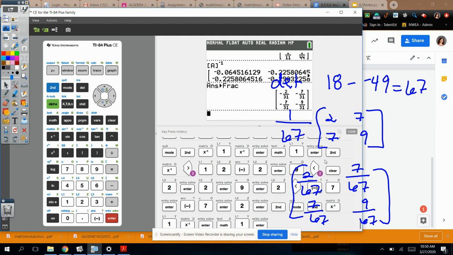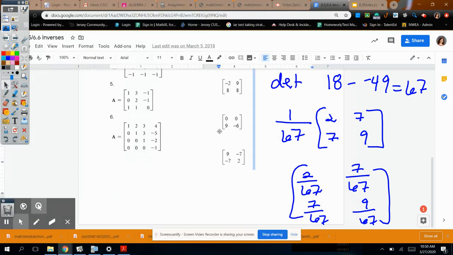My numbers on top were right. My bottom number was wrong. So that means my determinant was wrong. Let's see where I screwed up my determinant, guys. AD is 18. 9 times 2 is 18. Be plus 49.